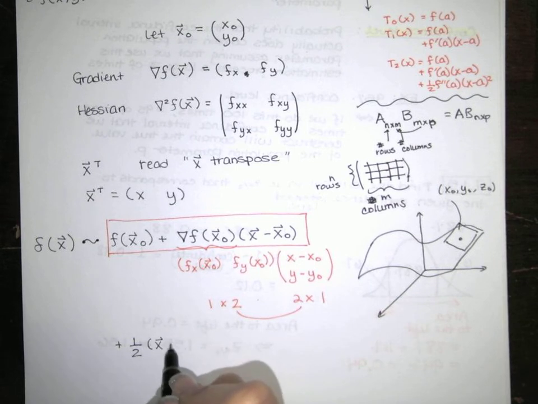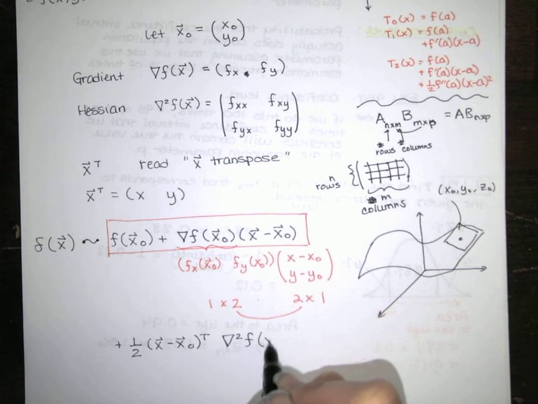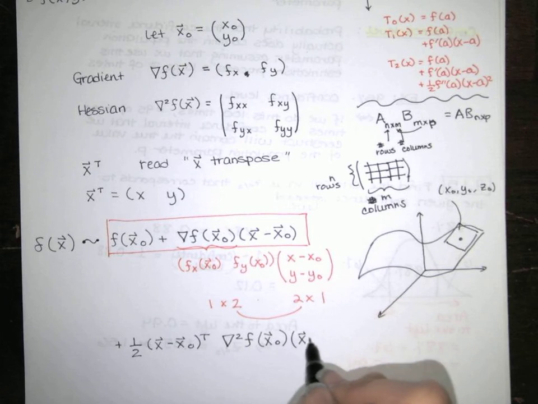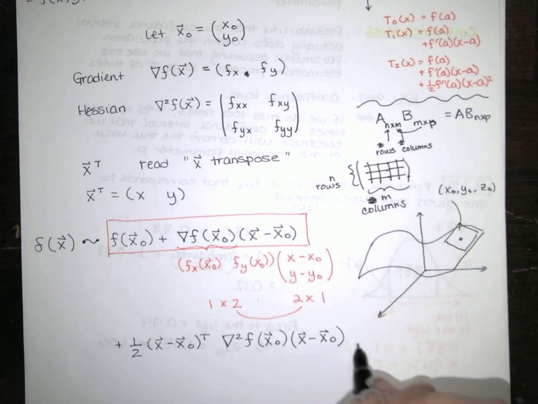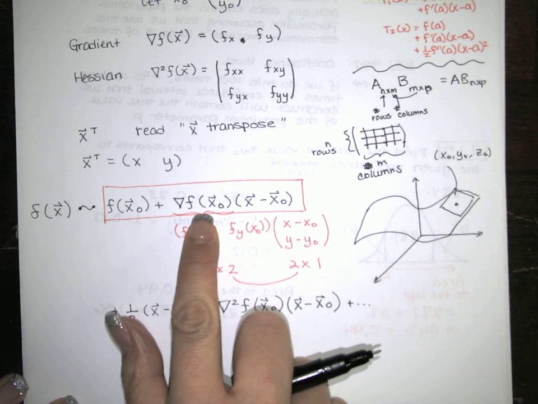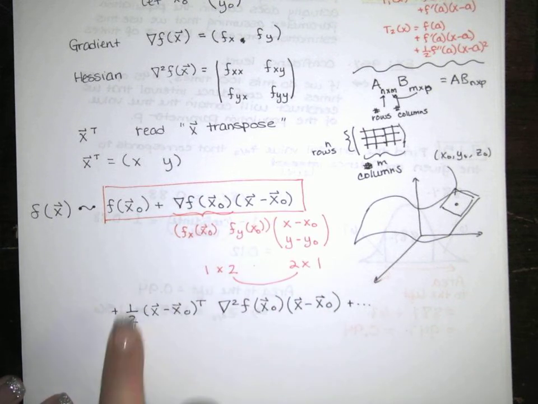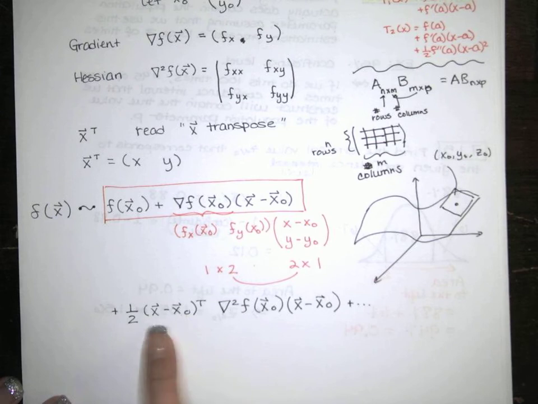So it's x minus x naught transpose times the matrix of second partials evaluated at x naught times x minus x naught. So this is acting like the first derivative, so it's like the first derivative times x minus a. And here we have 1/2 times the second derivative times x minus a squared, but it's a little bit funny looking because of the way matrix multiplication works.